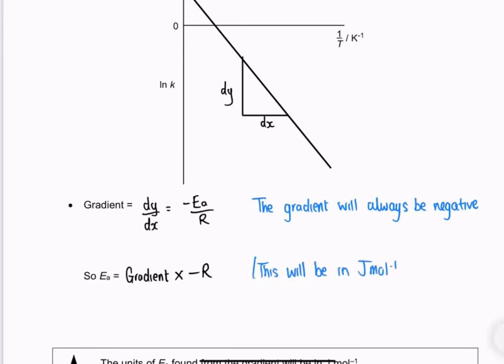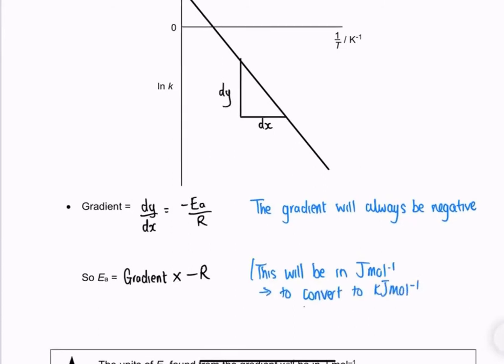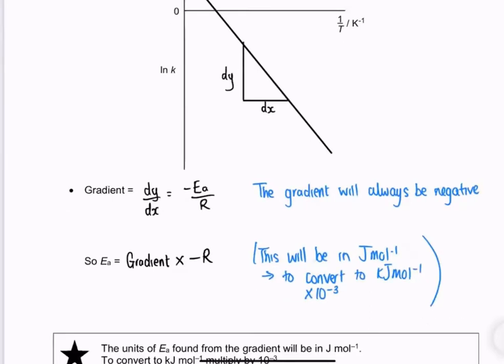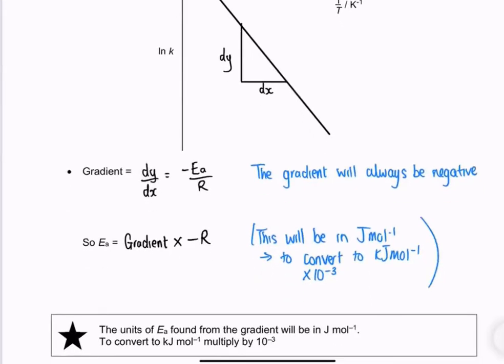So you'll need to convert, because normally the question is going to ask for it in kilojoules per mole, because that's the usual units of activation energy. We're going to multiply by 10 to the minus 3. Okay, so this is how we're going to use the Arrhenius equation in the form of a straight line graph.